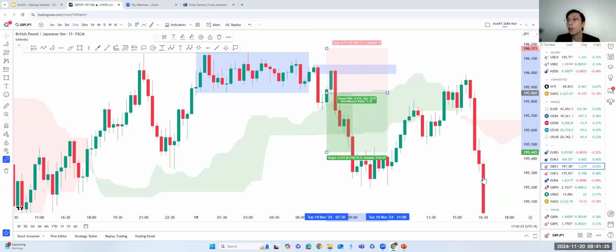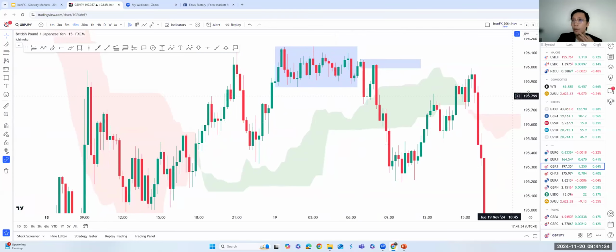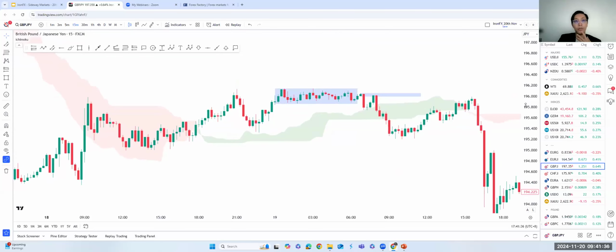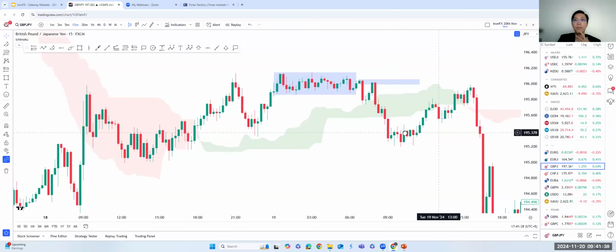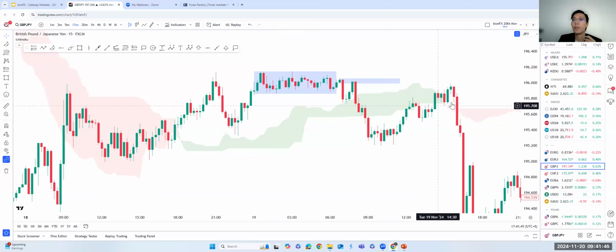Which pairs do I recommend for the sideways strategy? I would say for me, I like to trade GJ. I don't know why a lot of people don't really like to trade GJ, but it's a pair that moves extremely fast during session timings.